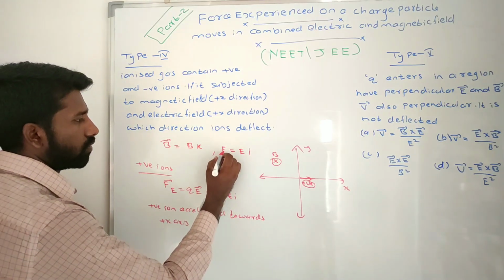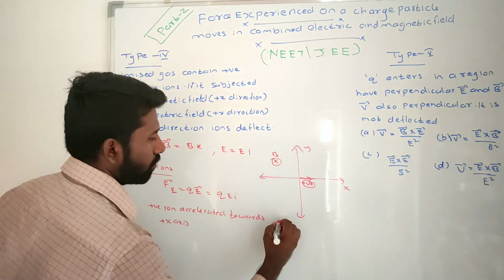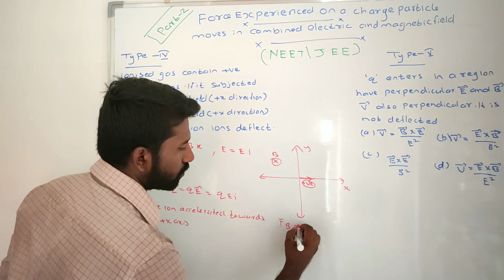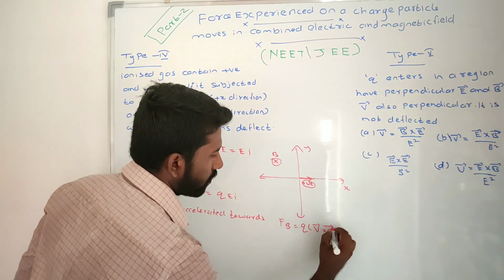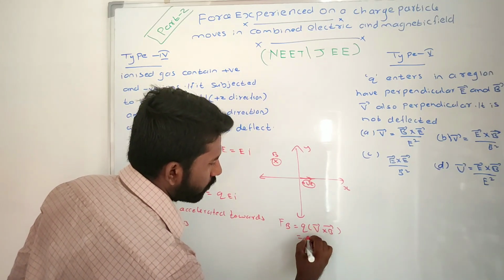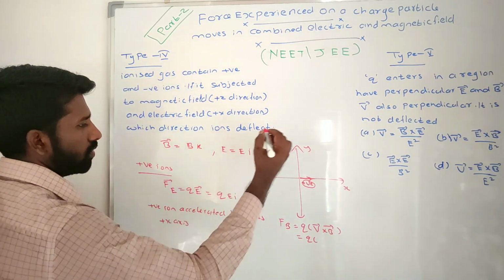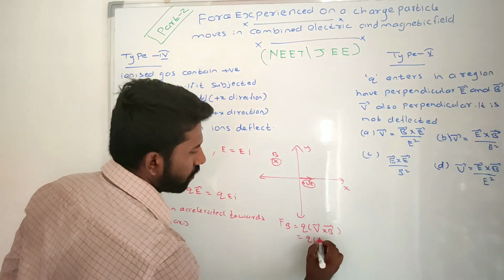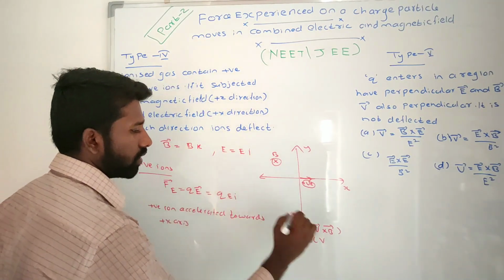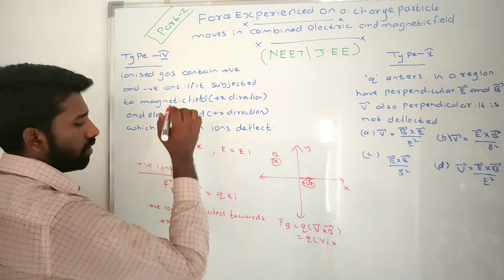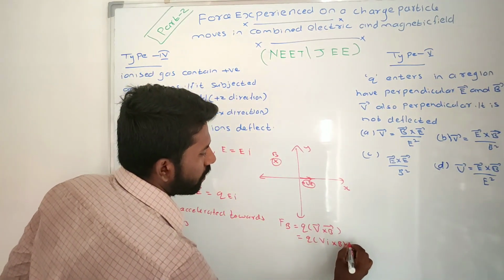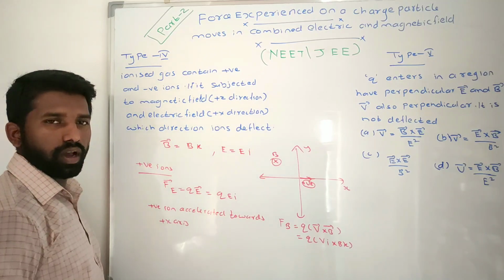Now the charged particle moves. The magnetic force F is equal to Q into V cross B. Here the velocity V is in the positive X axis direction, so that is V I cross B value, that is B K. What about I cross K?